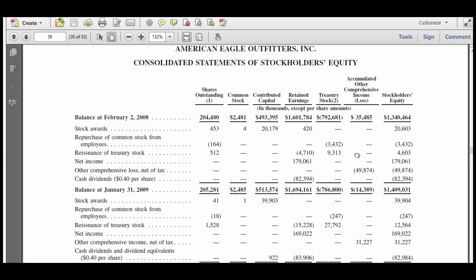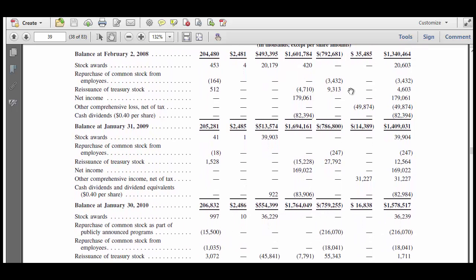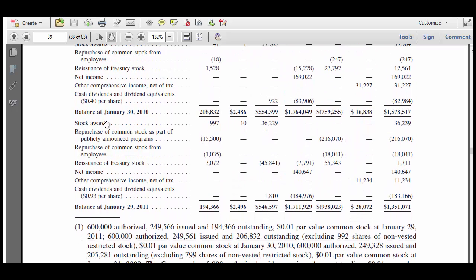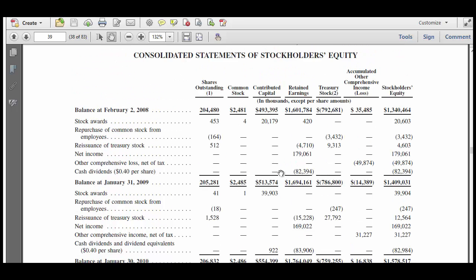Here you can see this is what we're referring to. There are columns for the number of shares outstanding, that's common shares, and the common stock and contributed capital. That's the same as additional paid-in capital. And here's retained earnings, treasury stock, and something called accumulated OCI. And it all adds up to stockholders' equity right here.